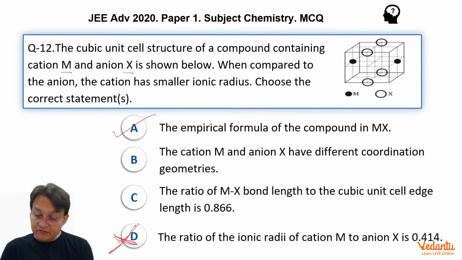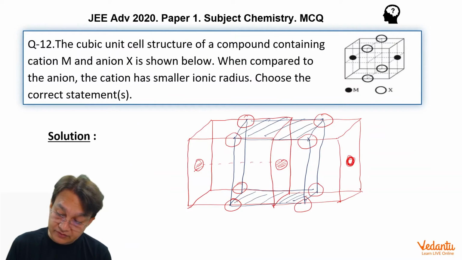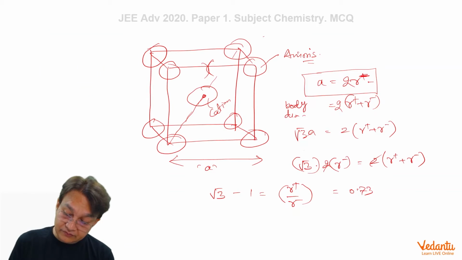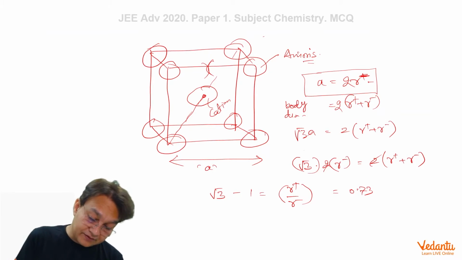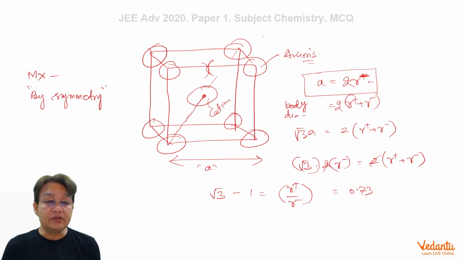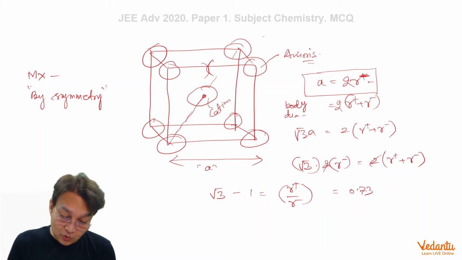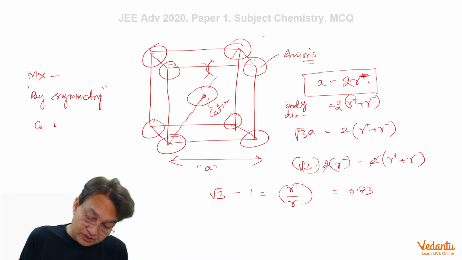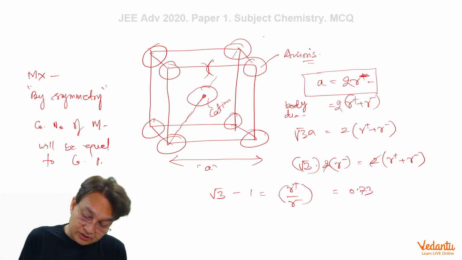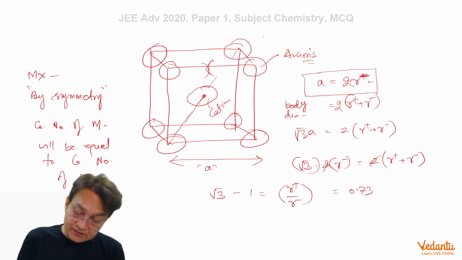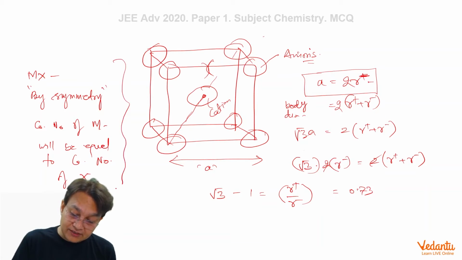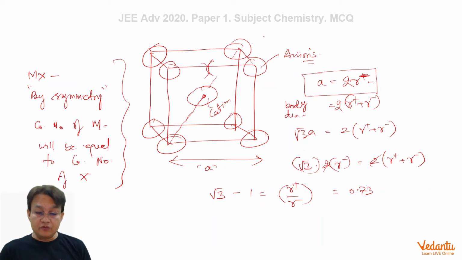Cation M and anion X have different coordination geometries. It's impossible because since the empirical formula is MX, by symmetry we can easily conclude that the coordination number of M will be equal to the coordination number of X. If you're not convinced, you will have to see to it.